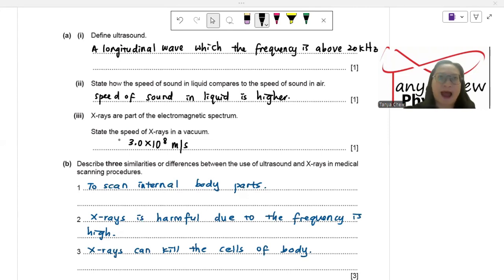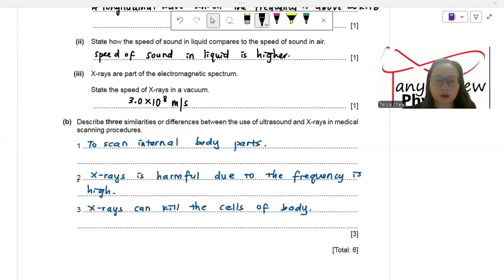So you can see what is happening to your heart, to your bone structures, etc. But the difference is that X-rays are more harmful because the frequency of X-ray is very high. X-ray has very high energy. That is why X-ray can penetrate through your body. Due to its high penetration and high radiation, because X-ray is one of the radiations, it can kill a lot of cells of your body compared to ultrasound.